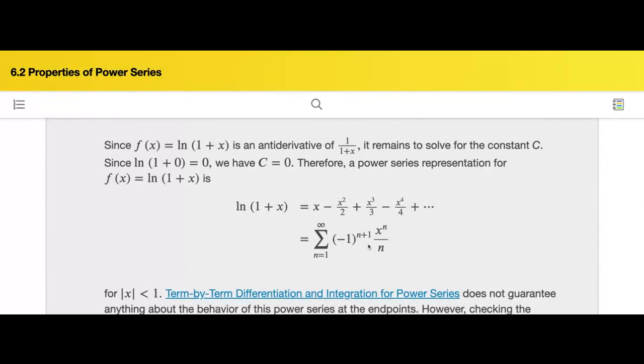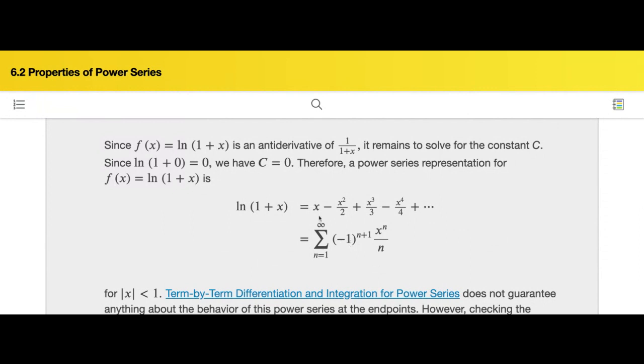So we write it as negative 1 raised to n plus 1 because n starts with 1 now. So we want n to start with 1 for this case. So negative 1, the first term we want to be positive.